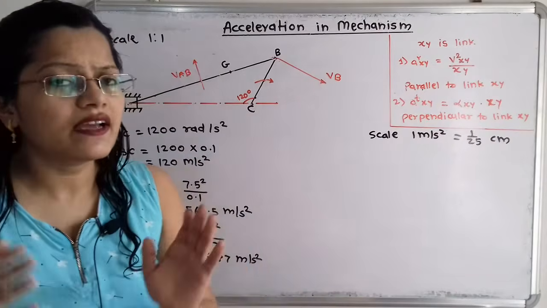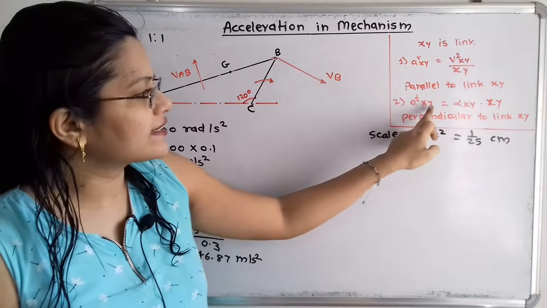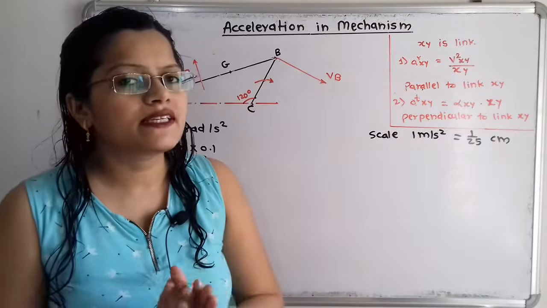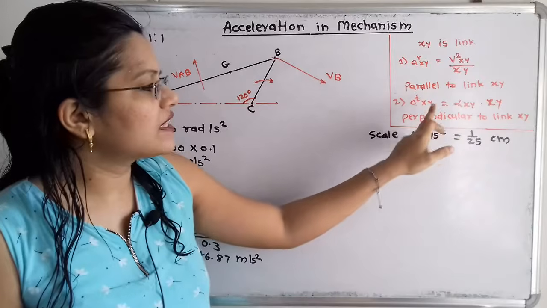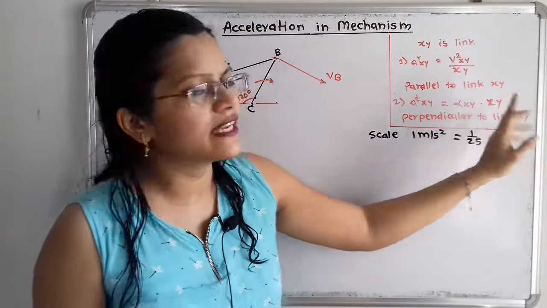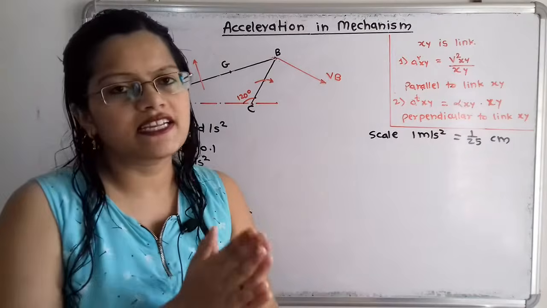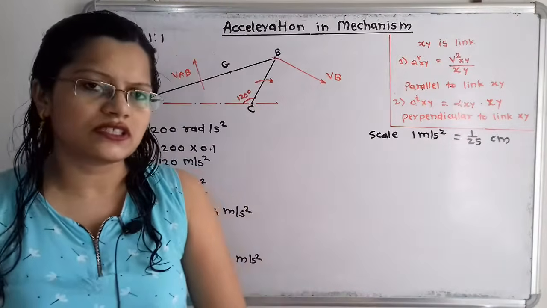Then in the same way, we calculate the tangential component, that is a raised to t XY is equal to the angular acceleration alpha XY multiplied by the length of the link XY, and this tangential component is perpendicular to the link XY. So from this we come to know that the radial component and tangential component are perpendicular to each other.